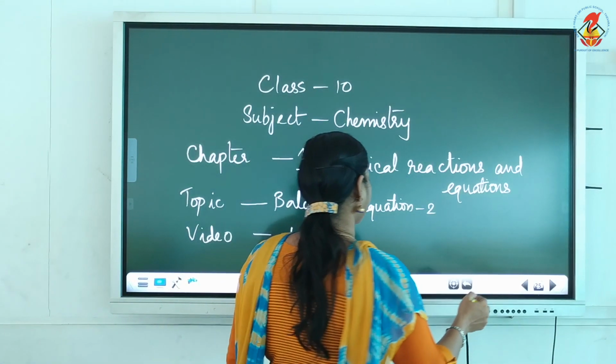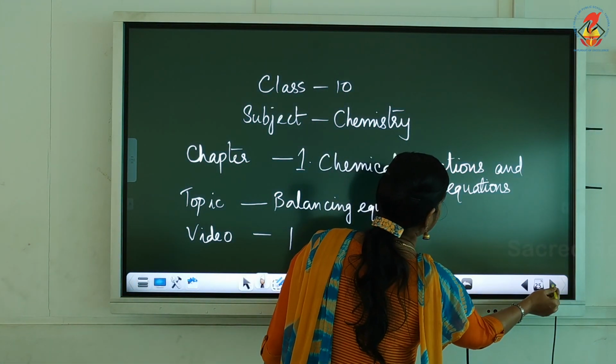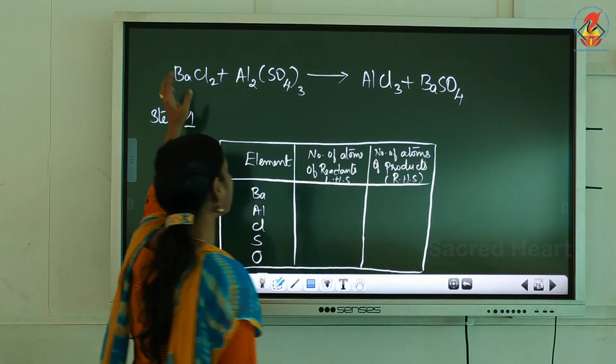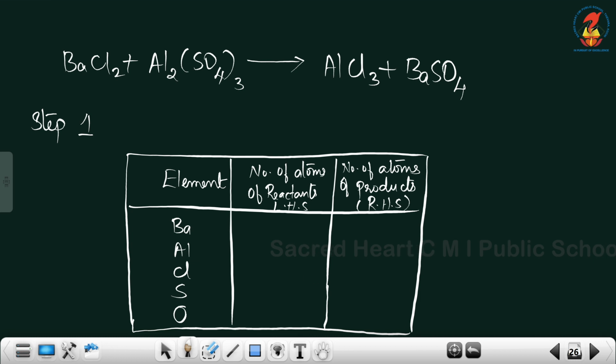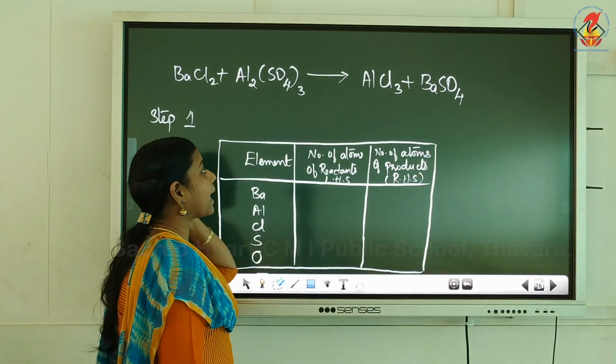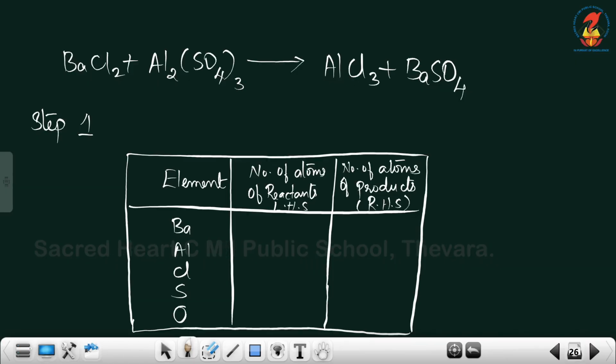Okay, moving to our topic, balancing a chemical equation. Another example is the reaction between barium chloride and aluminum sulfate, and the products are aluminum chloride and barium sulfate. These are familiar reactions.